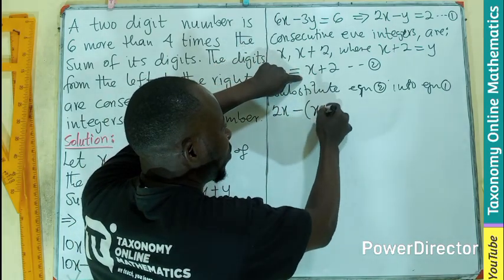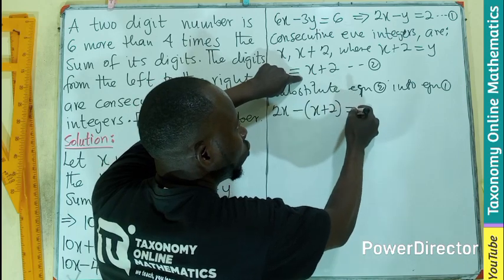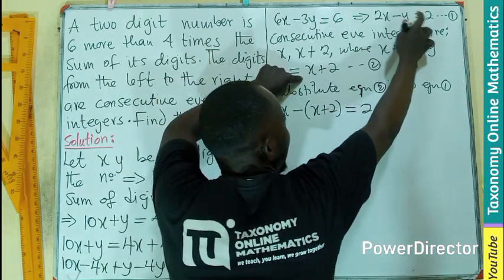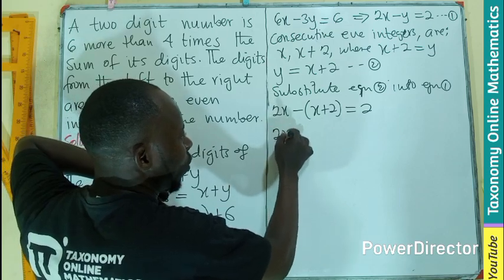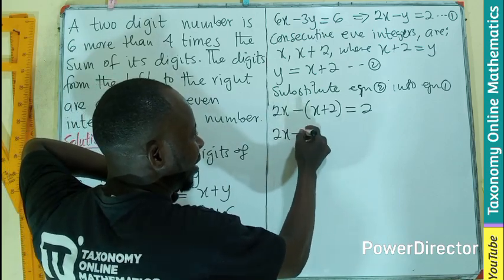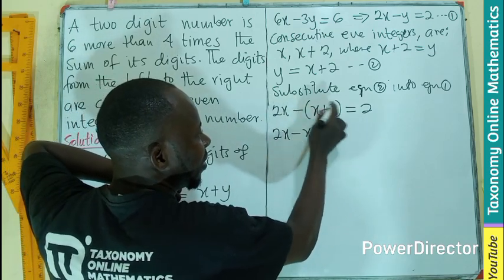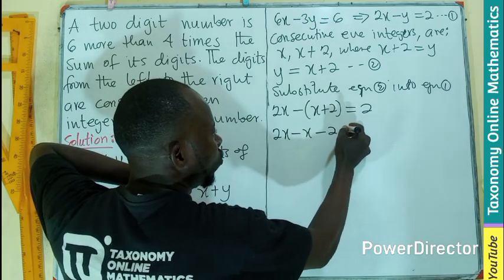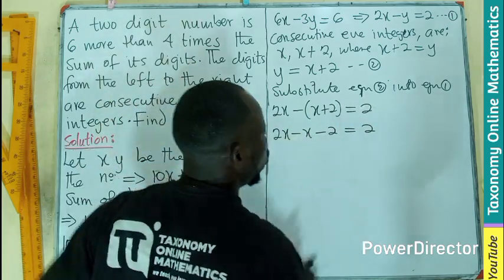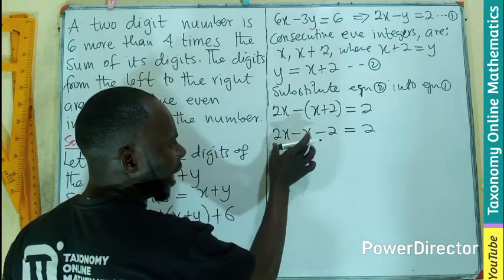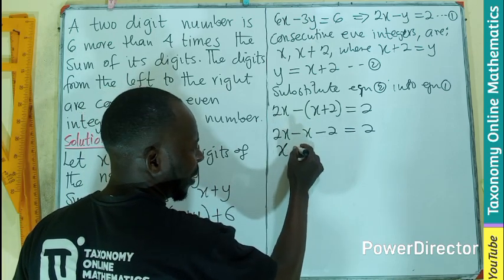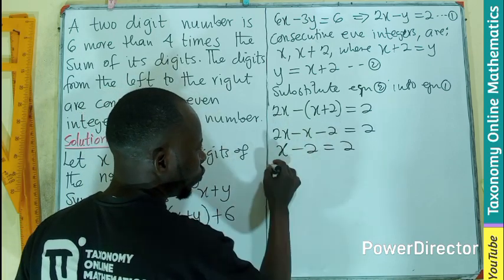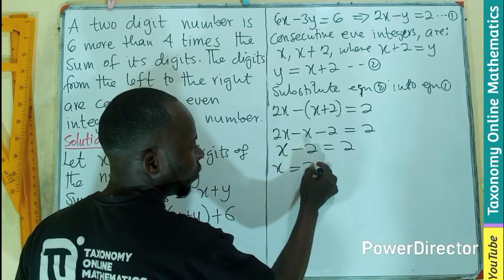From here, the y is replaced by x + 2. So this becomes 2x, negative 1 times x, negative 1 times 2, minus 2 equals 2. I guess this is going to be x. Then from here, I have -2 = 2. So x equals this 2 and plus 2.